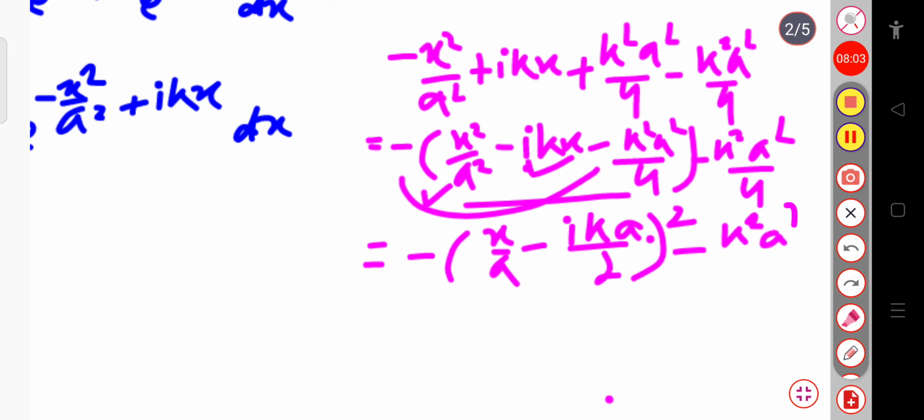Now I have to put this total value here, this is in the whole square form.